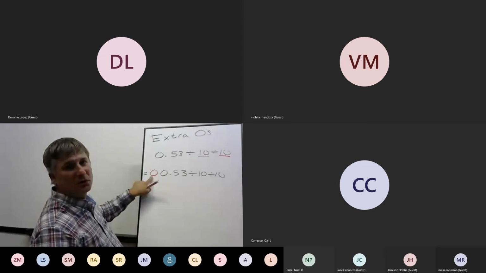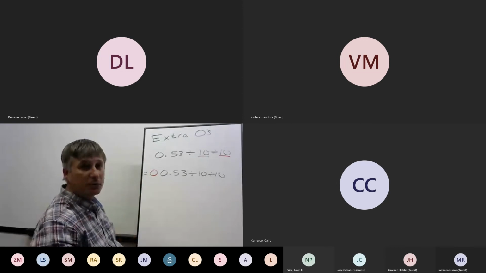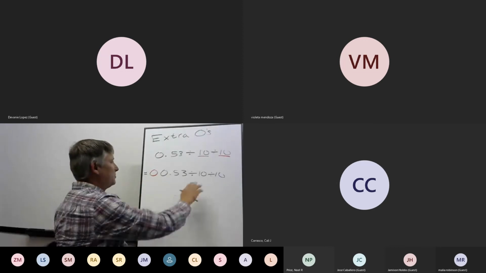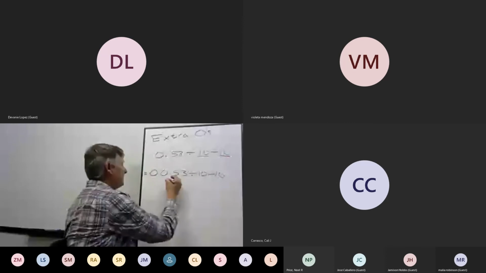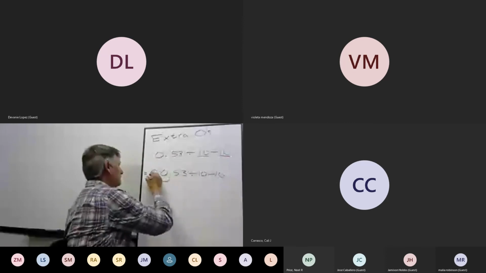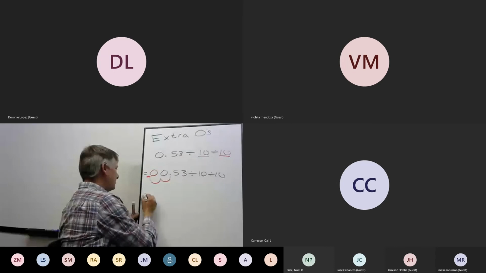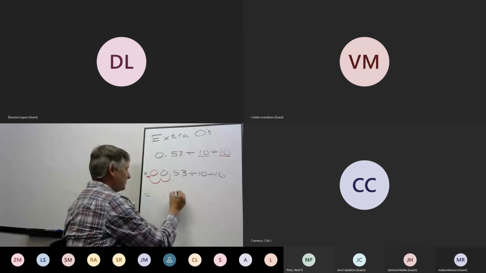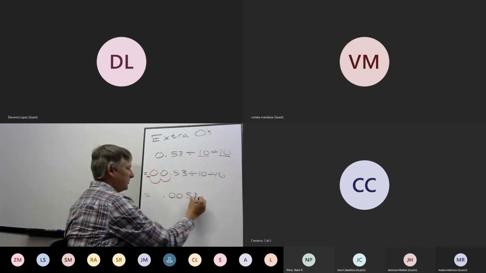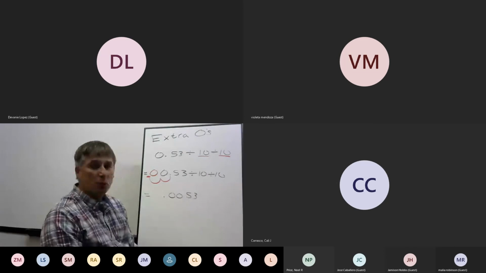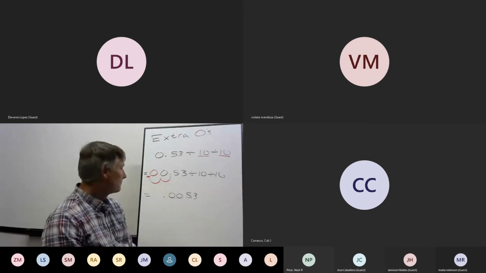I'm going to put in that extra 0, so I have something I can move around. And so 2 10s means 2 moves to the left. And so I'll get 0.0053. Now there's one last thing I'm going to do though.